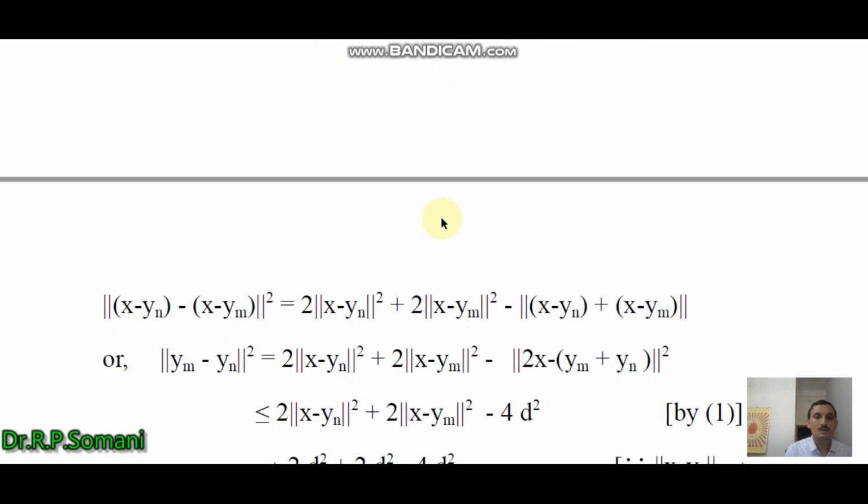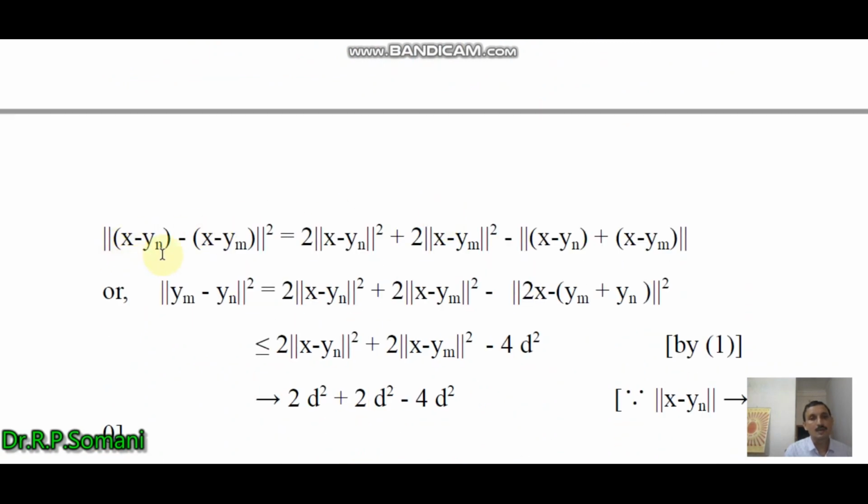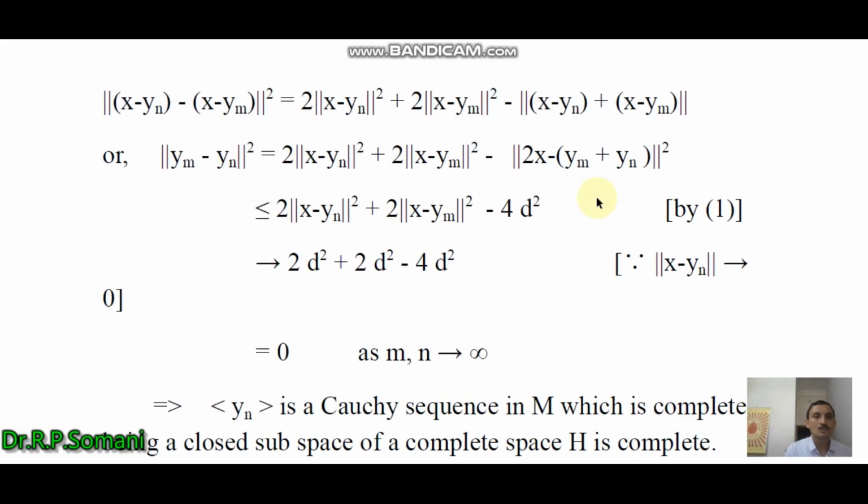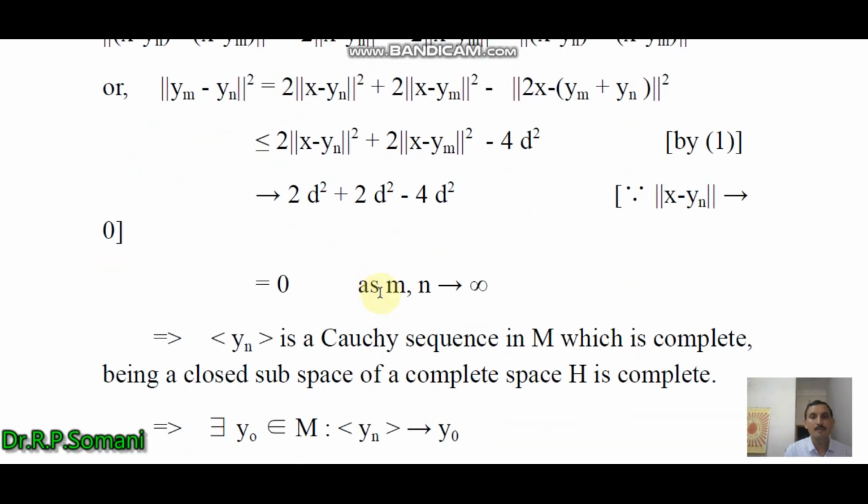Now by the parallelogram law, norm of (x minus yn) minus (x minus ym) square equals twice norm x minus yn square plus twice norm x minus ym square, and so on. In this way, we obtain that norm of ym minus yn square tends to 0 as m, n tend to infinity, here using the equation.